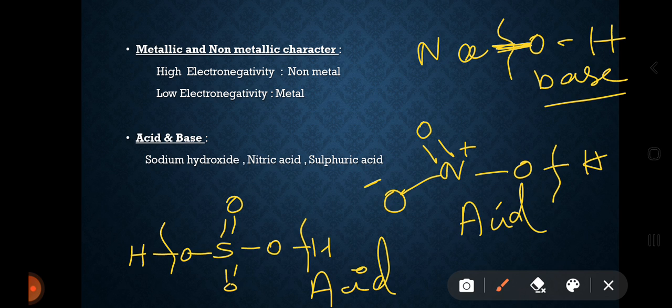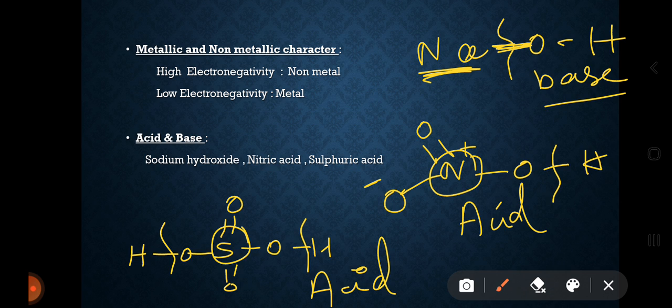By the term of electronegativity also you can tell how it is an acid, how it is a base, why it is giving OH, why this is giving H plus ion. Consider, this is a metal and here you find nitrogen and sulfur, which are non-metals.